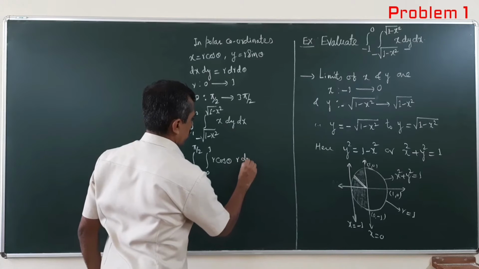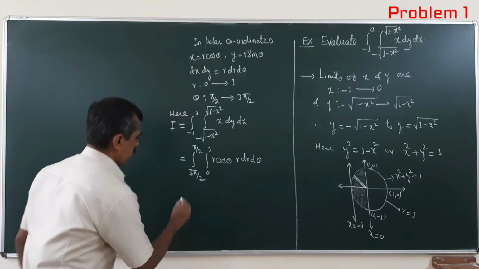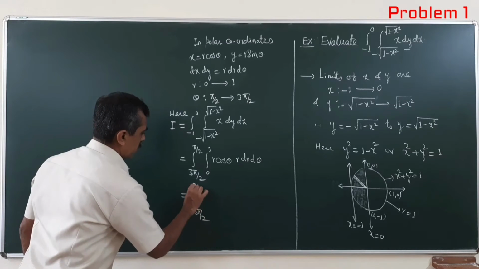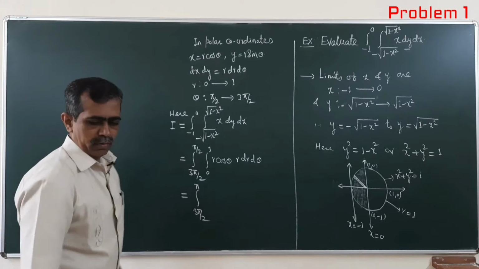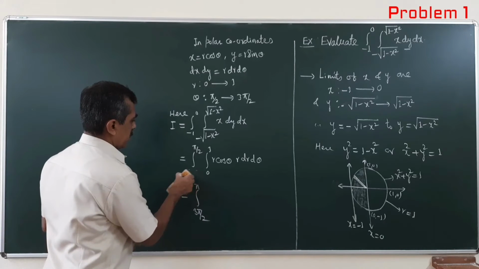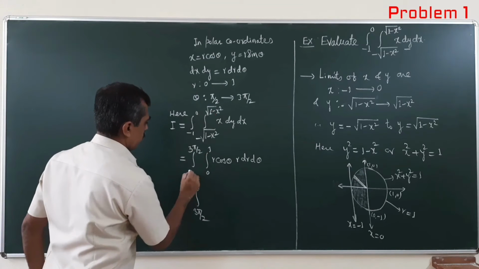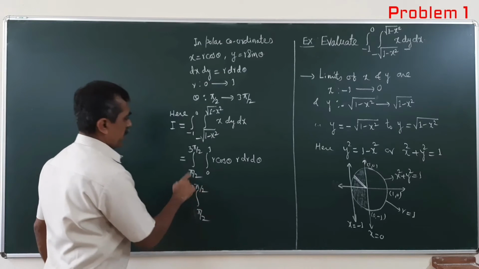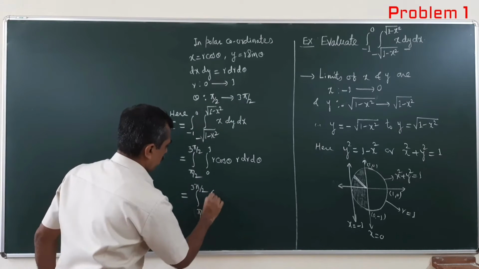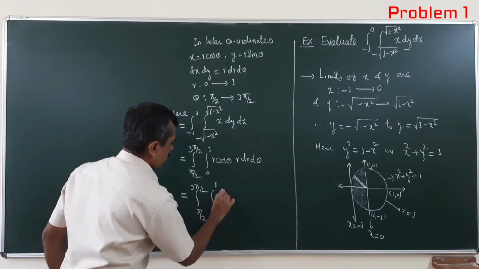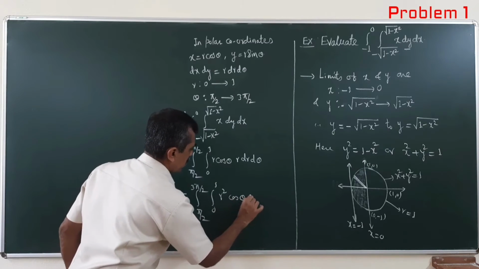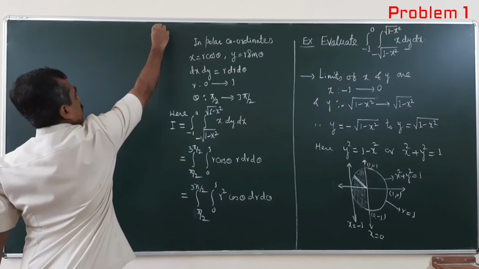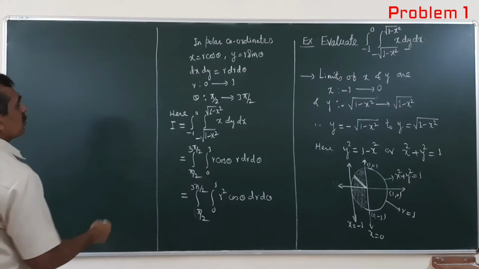So this equals the integral, sorry, we should take the limits properly, because it runs from pi by 2 to 3 pi by 2, pi by 2 to 3 pi by 2, integral 0 to 1 r square cos theta dr d theta, right? Now we will evaluate this integral.